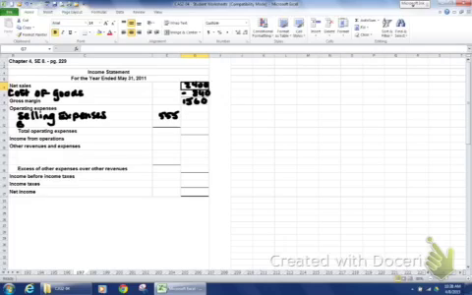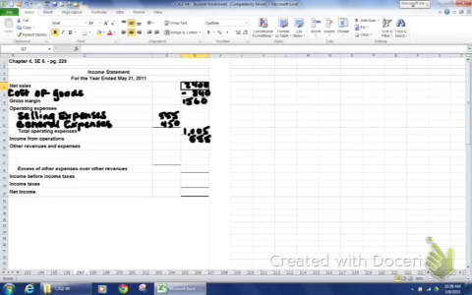And then general expenses are $450. For total operating expenses of $1,005. Again, then we will calculate our income from operations, and that comes out at $555.